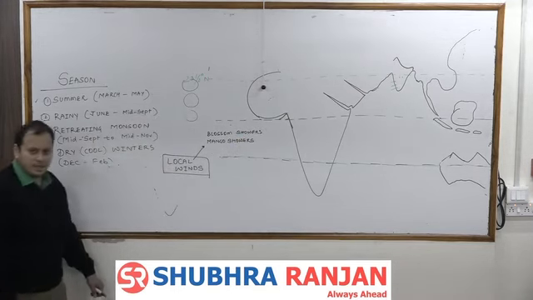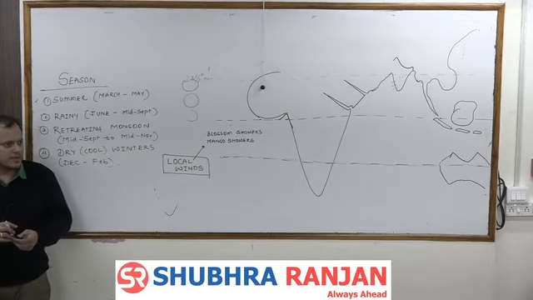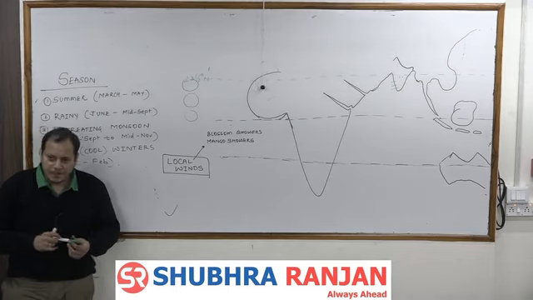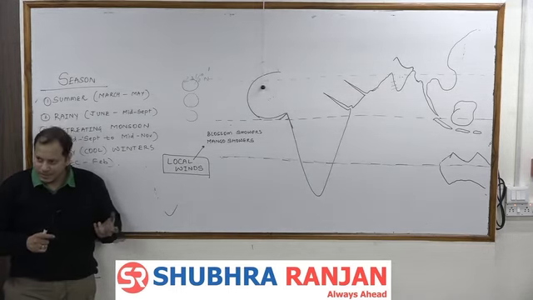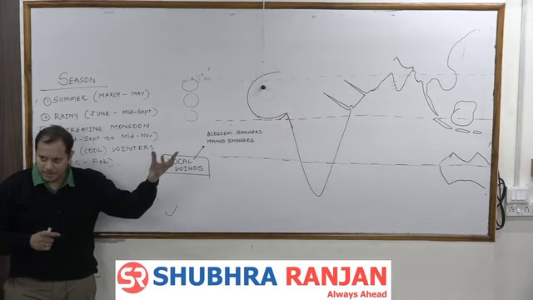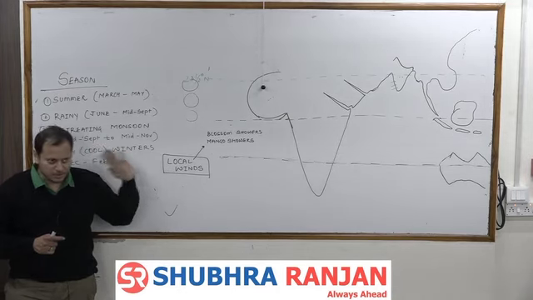Mango showers in Karnataka, blossom showers in Kerala and Karnataka. Why mango showers? Because after this rainfall, humidity increase hoti hai, which helps in early ripening of mangoes. After this showers, humidity increase hoti hai, which helps in flowering of coffee plants. And therefore, these are known as mango and blossom showers.